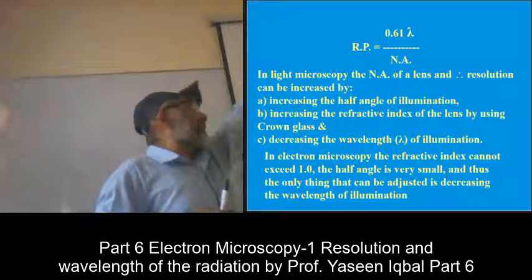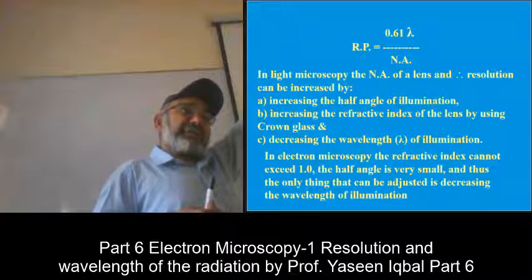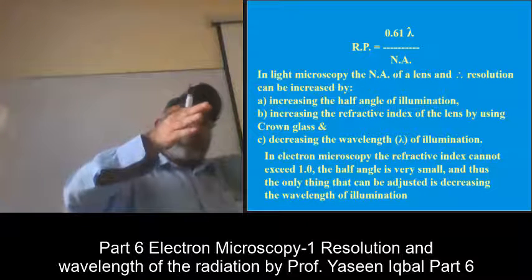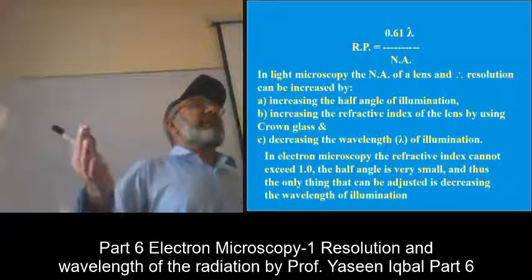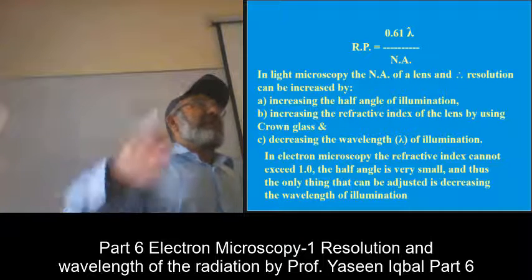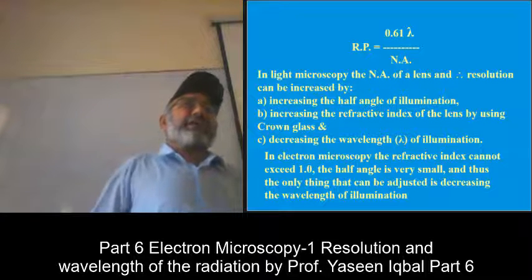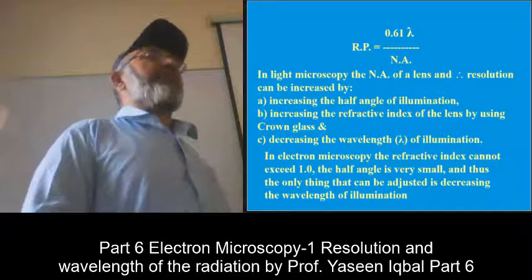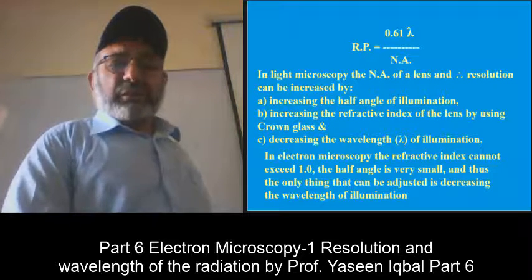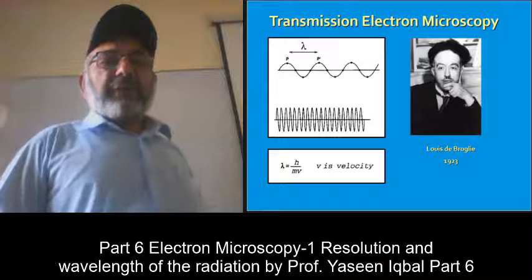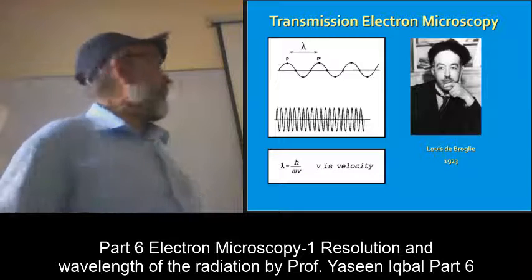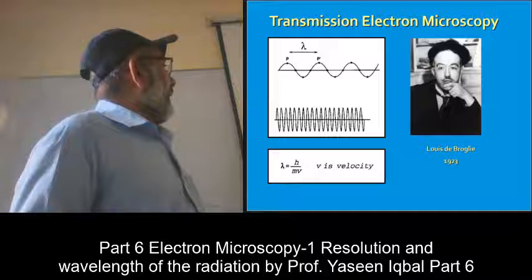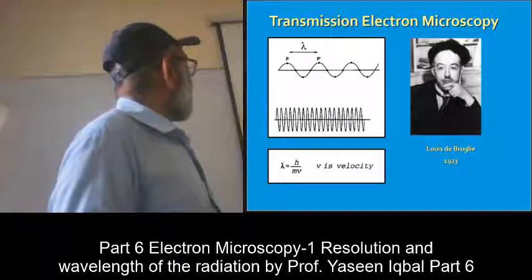It is coming from the half of that height. So if it is a little bit larger angle, then they are not of your use. They will hit the column of the microscope and they will not reach your sample. So the only option you have to play with is the wavelength of the illuminating radiation.